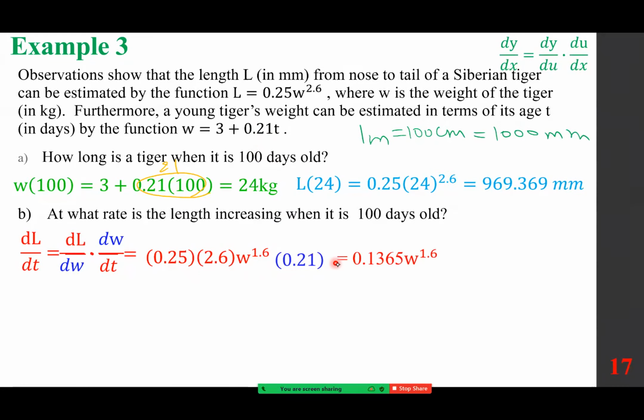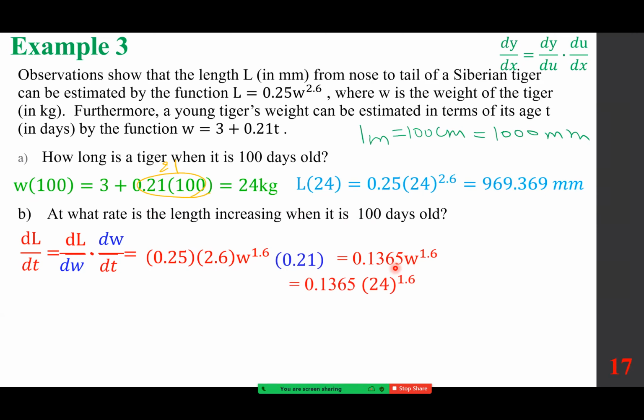If we were finding the derivative function in general, we must replace the W with 3 plus 0.21 t to make it a function of t. But because we are asked to come up with the rate when it's 100 days old, we know that W, the weight when it is 100 days old, is 24. So replace the W with 24.